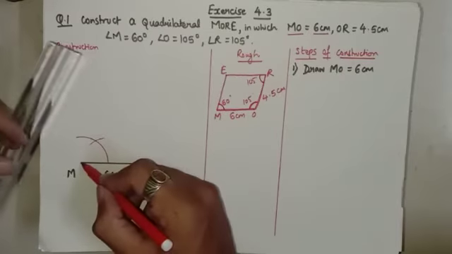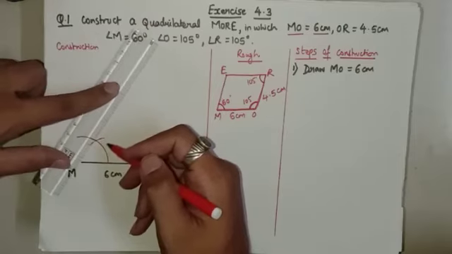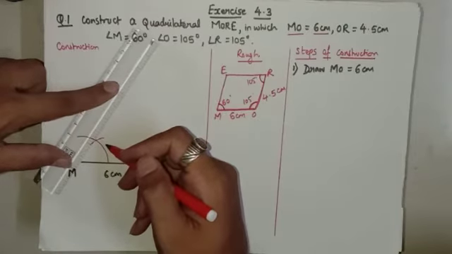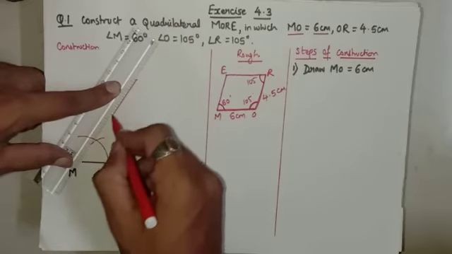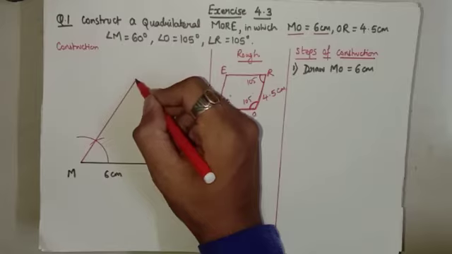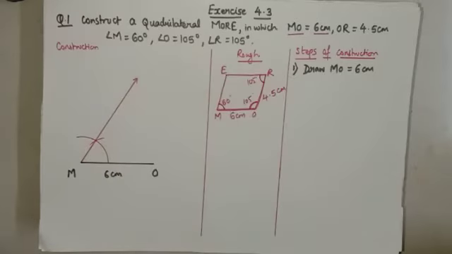Joining this M point with this arc, this is the line I got, and I have extended it. So simple it is.